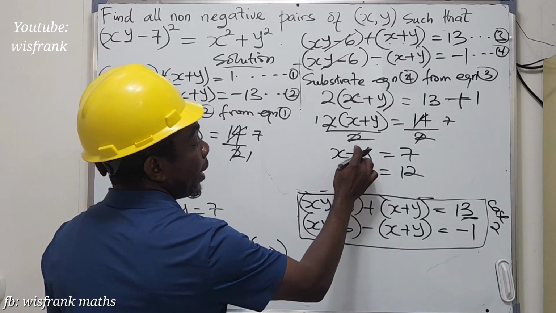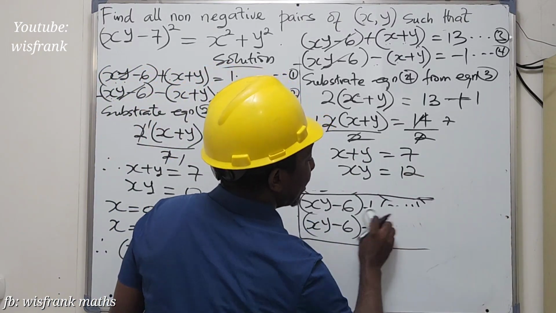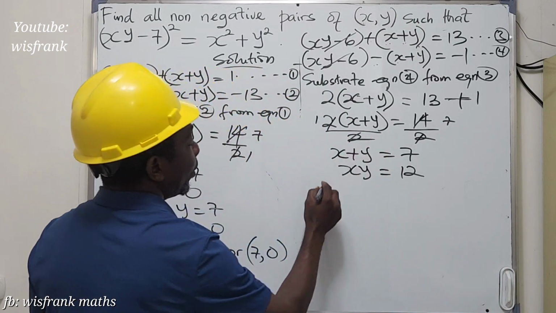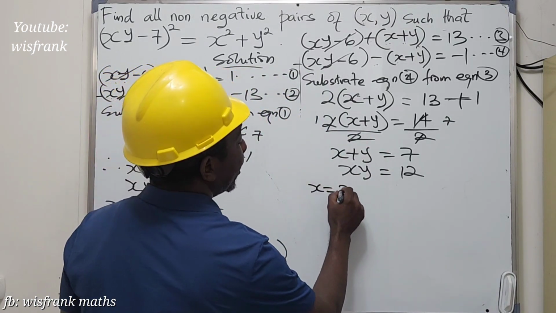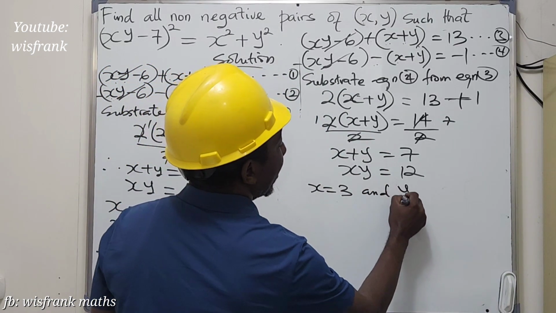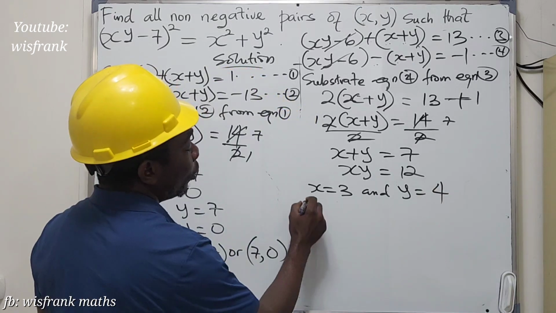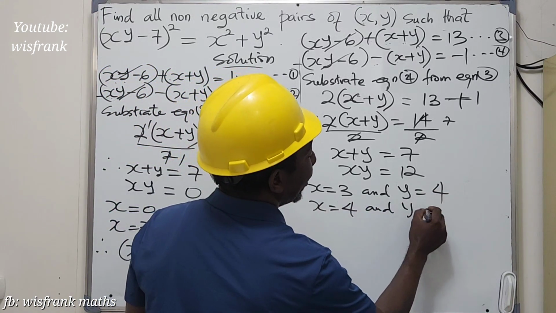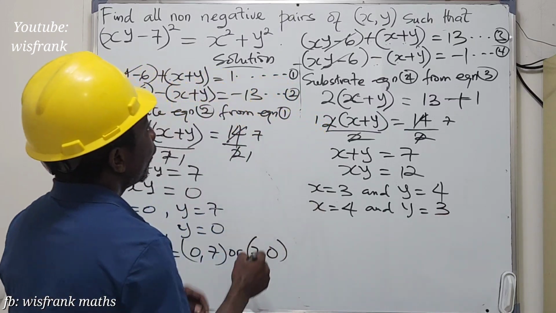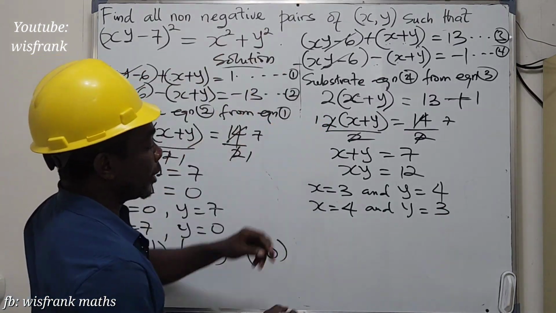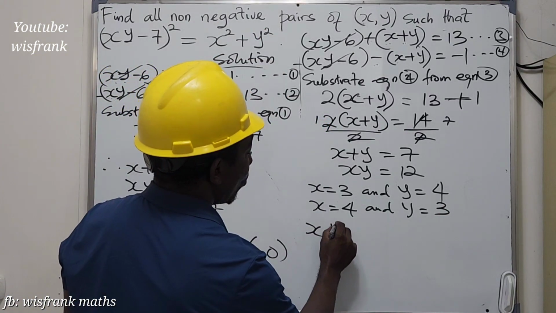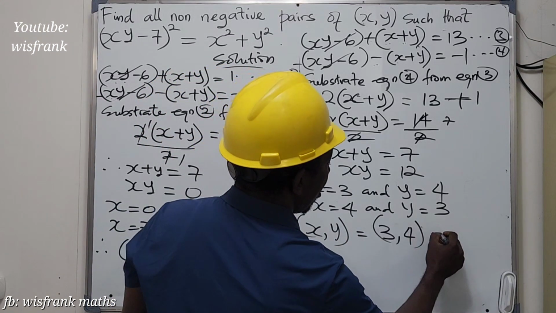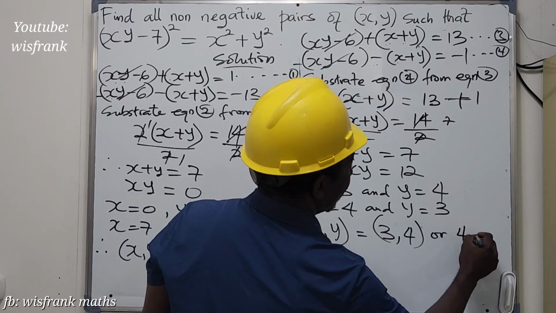Having 12, the non-negative pairs for x and y are x equals 3 and y equals 4, and also x equals 4 and y equals 3. Therefore, for non-negative pairs of x and y, we have (x, y) equals (3, 4) or (4, 3).